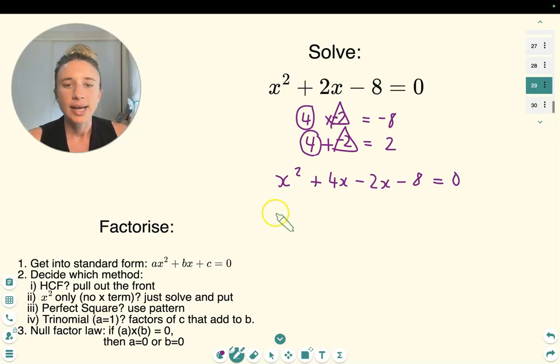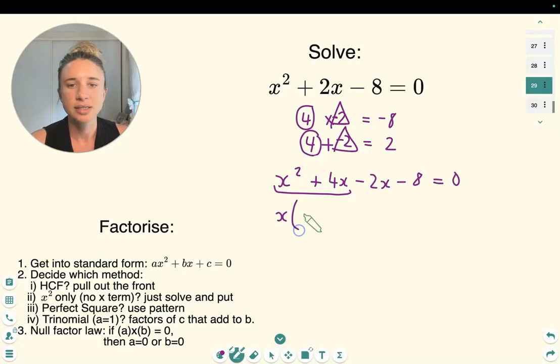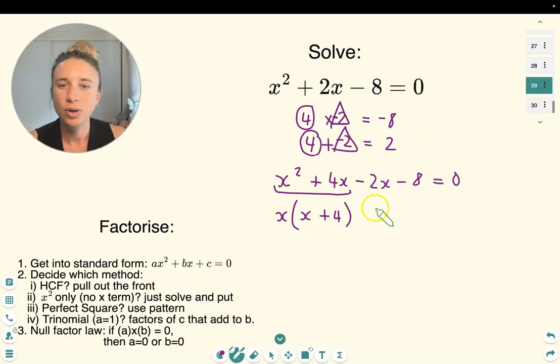Okay. And then we are just going to look at it in pairs. So x times x plus 4 gives me that. And then what else do we have? So we know that x plus 4 must be in the brackets. And we're going to have a common factor of 2 out the front, and we just need to make sure that it's negative because negative 2x take 8.